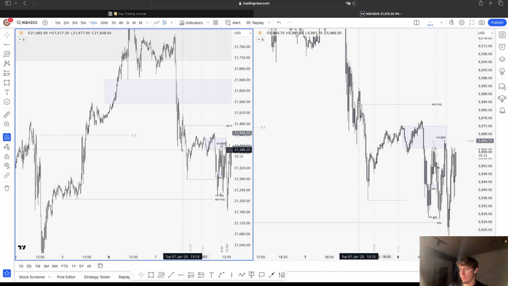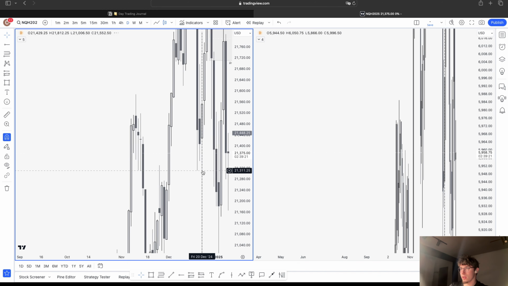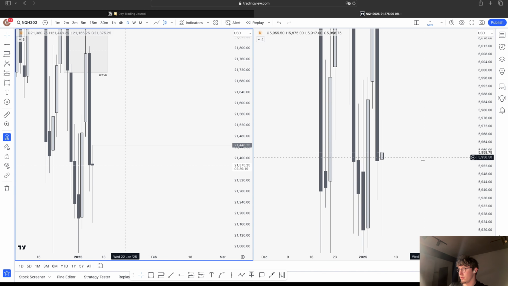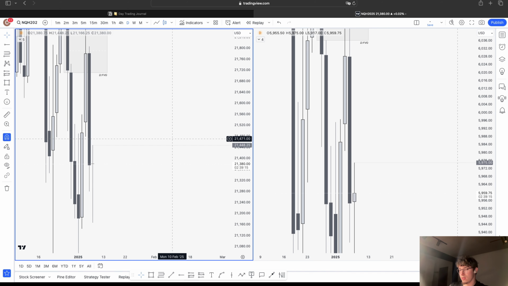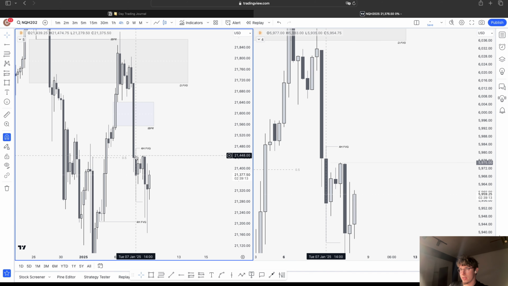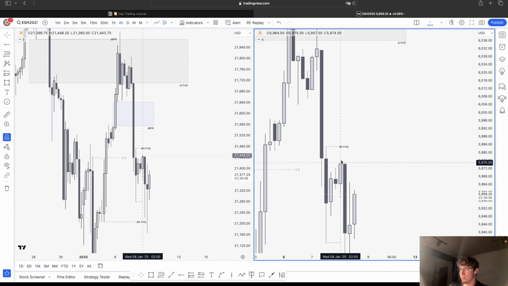Because if you take a look, yeah, I have a line here. Let me mark this line here, and if you take a look, this area is close to this 4 hour FVG, so we can leave this area open.